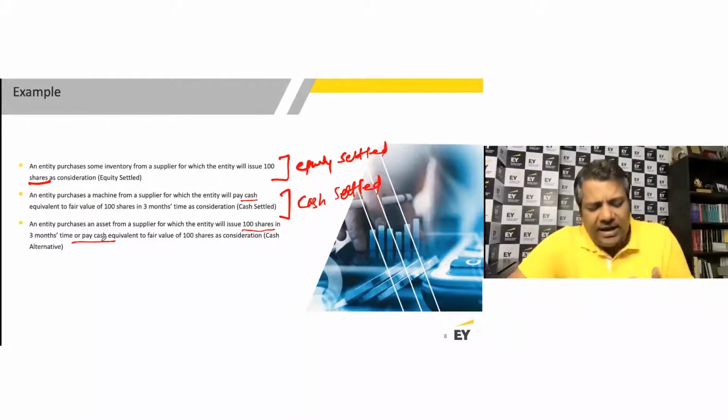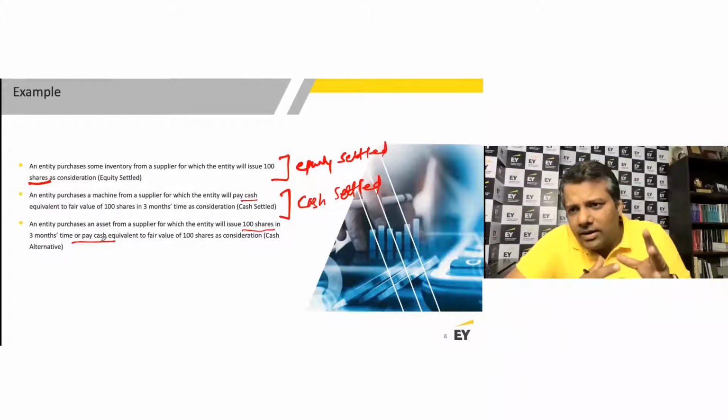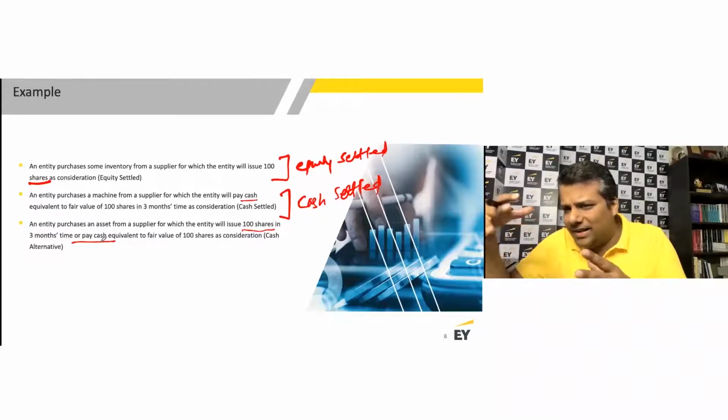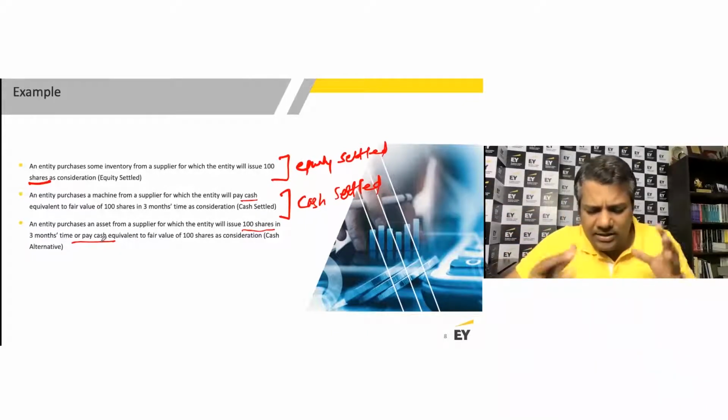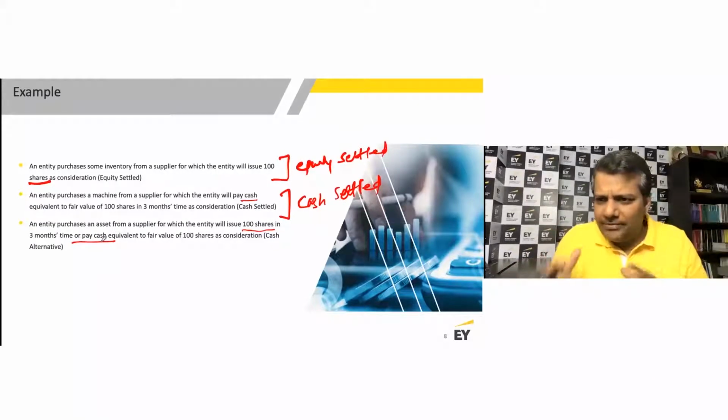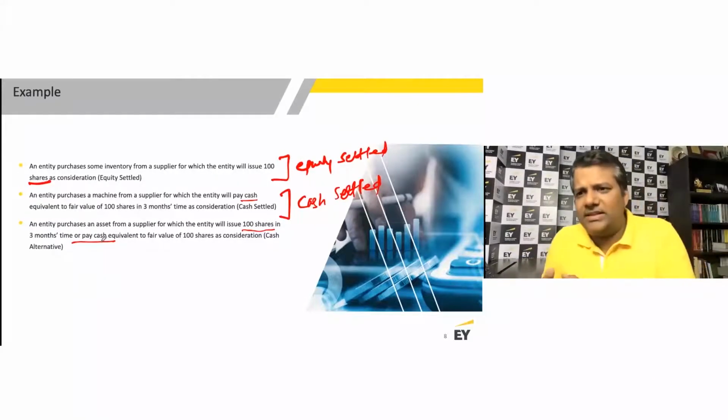So you need to understand whether the choice to settle is in the hands of the issuer, or in the hands of the recipient. The employer is the issuer, or the grantor so to say, and the employee or the non-employee, as the case may be, is the recipient, the other side of the coin. So we need to evaluate in whose control the settlement is.